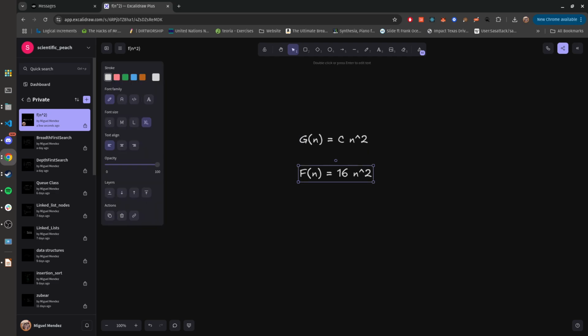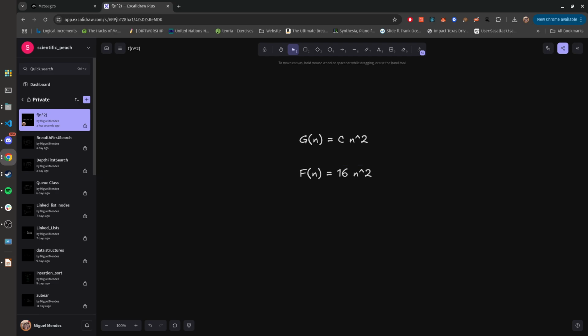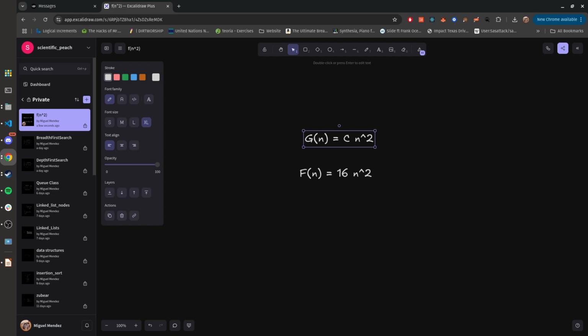So because 16 is bigger than 15 and 1.5, the answer is that neither of those solutions provide an answer to show that it's bounded. So all you're really looking for is the constant that's going to be bigger than 16 to show that this function is bigger than this function.